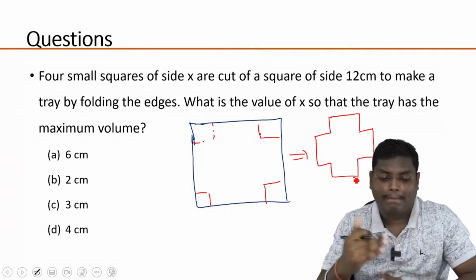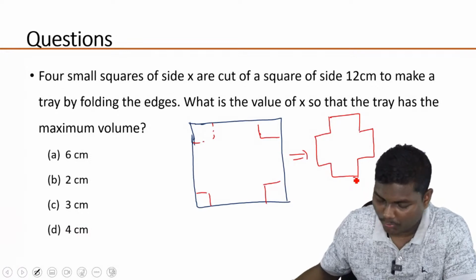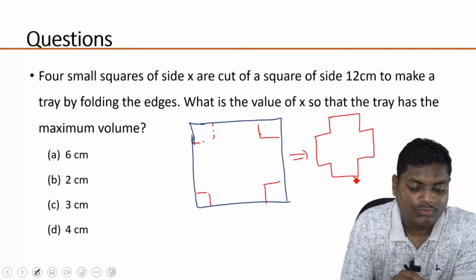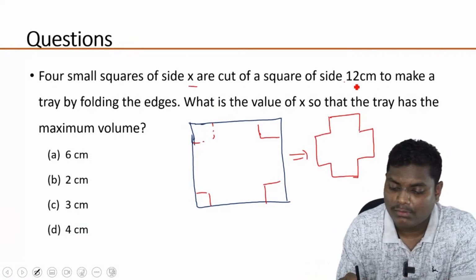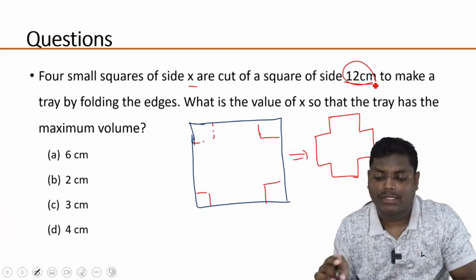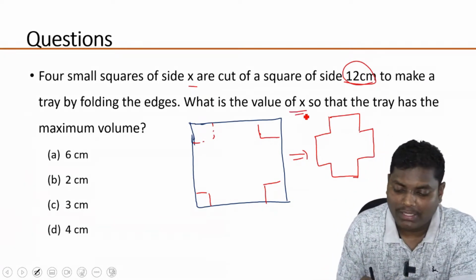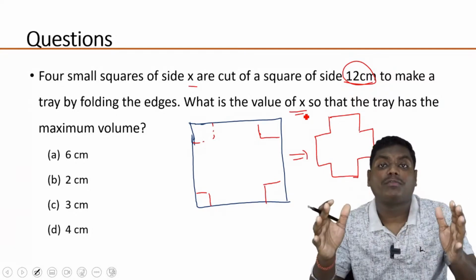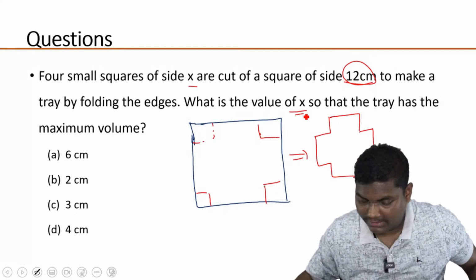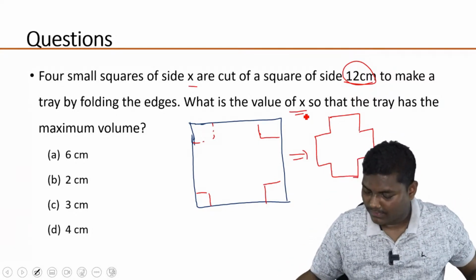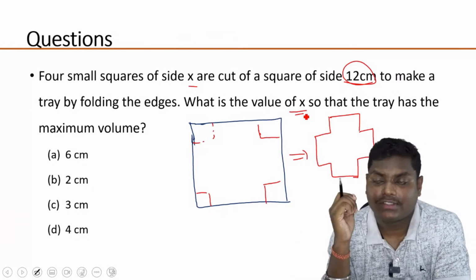Now you can fold them. So it is saying 4 small squares of side X are cut from a side of the entire tray of 12 centimeter. What value of X should be cut so that the volume of the tray is maximum? Try solving this question.